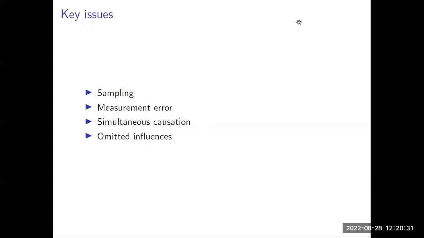So the first issue that you face in modeling and testing your theoretical models is the problem of sampling. Which sample should you choose? Which sample should you be looking into? Because the sample plays a key role, specifically in research.